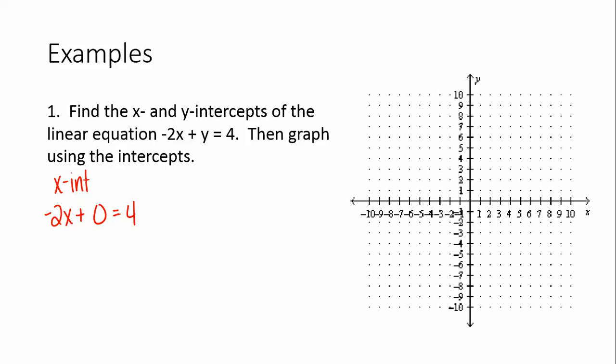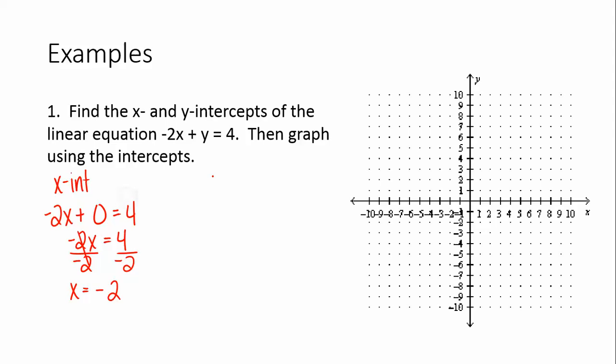That will tell us what the x value is at the x-intercept. So now we need to simply solve this equation. Well, -2x plus 0 is just -2x. And now we solve by dividing by -2, and we get that x equals -2. 4 divided by -2. So our x-intercept is -2.